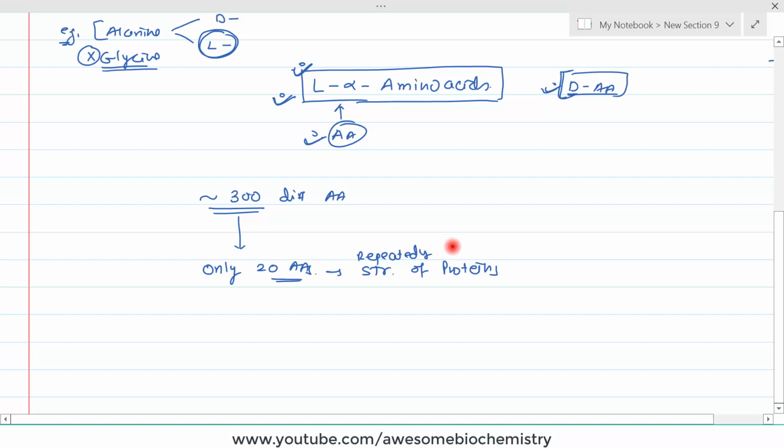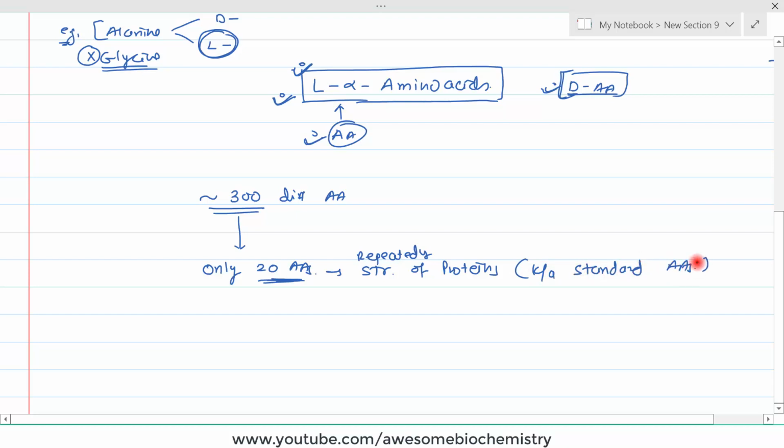It can be any organism, but we will find only these 20 amino acids repeated in the structure of proteins. Why is it so? These 20 amino acids which occur repeatedly in the structure of protein are known as standard amino acids.